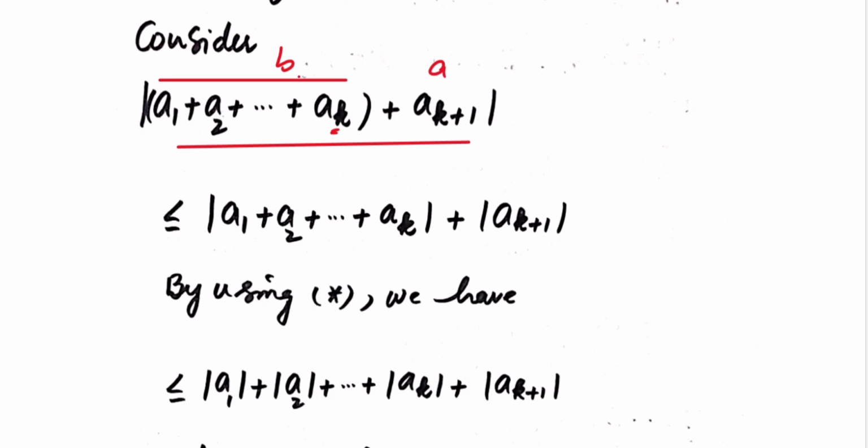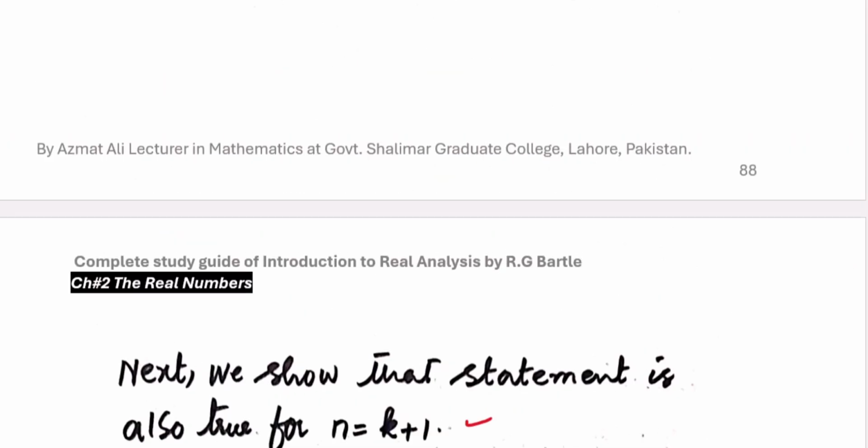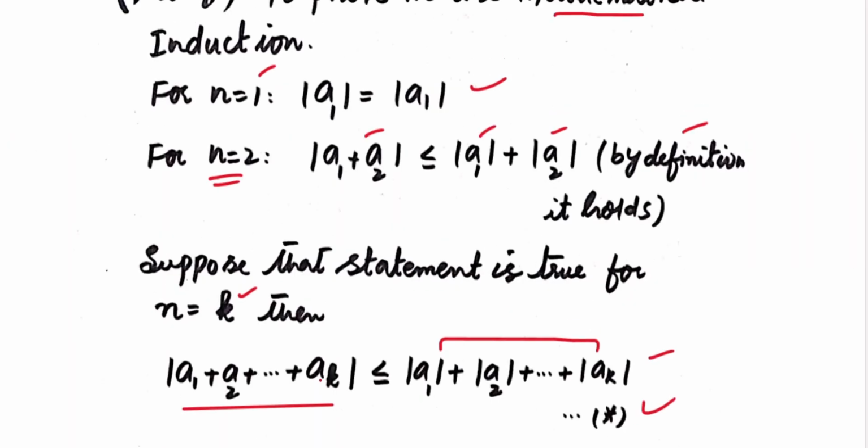So I can use the triangle inequality for these two real numbers. This can be separated as a sum of two numbers: this is the absolute of b and this is the absolute of a. Next, by using star, this absolute is less than or equal to the sum of these absolutes. What is my star? This is my star: the absolute of a sum is less than or equal to the sum of the absolutes.